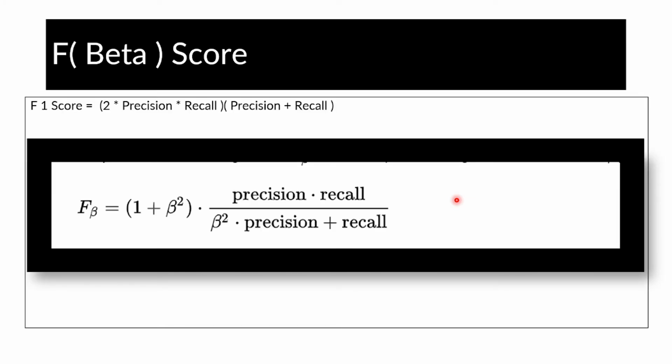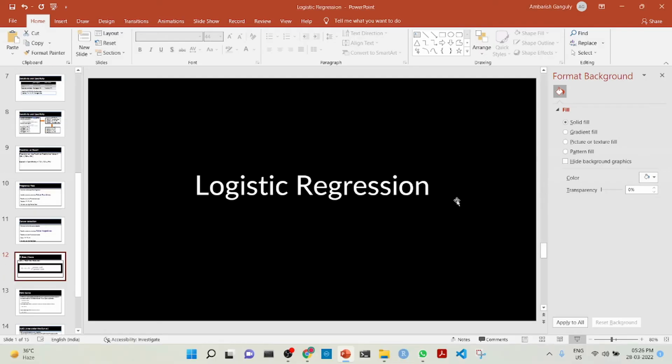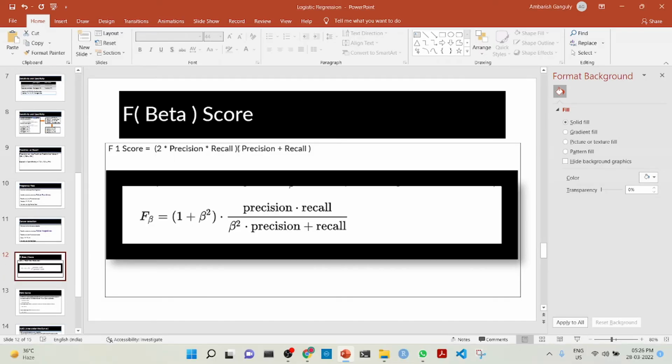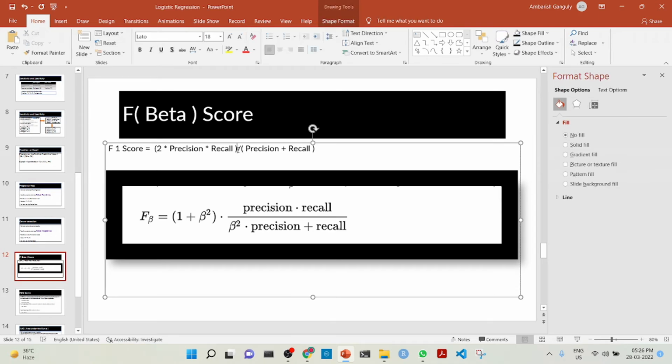The F score, or the F beta score, combines precision and recall. The F1 score is a special case of the F beta score where beta is 1, and therefore it is 2 times precision times recall divided by precision plus recall.